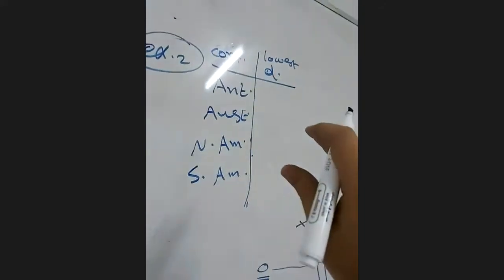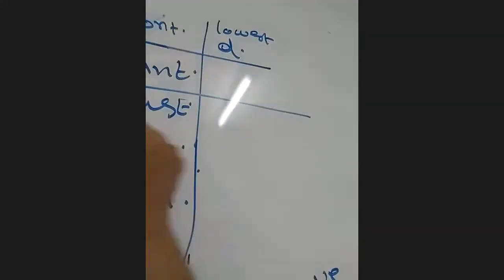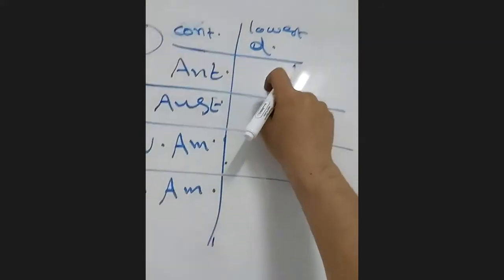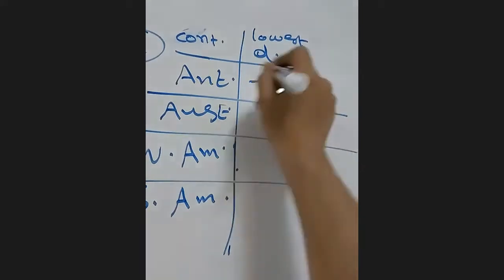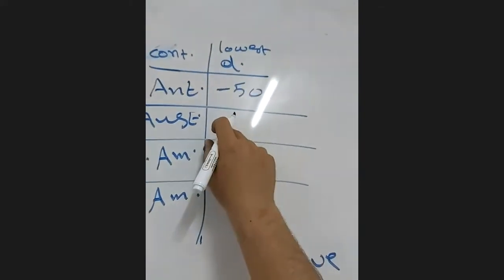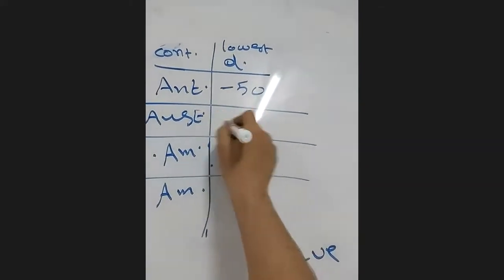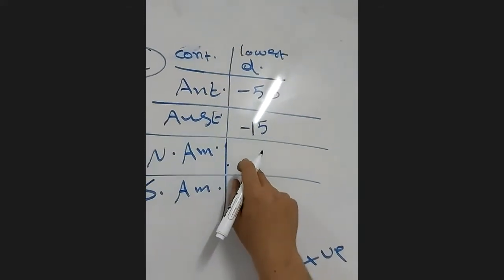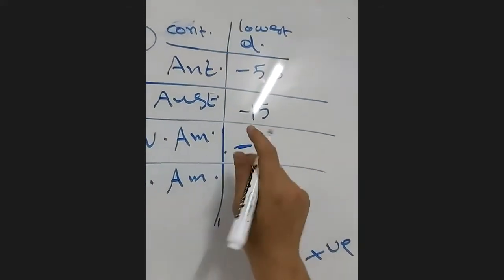Antarctica, how much is the lowest elevation, Yusuf? -50. Australia? -15. North America? -86.